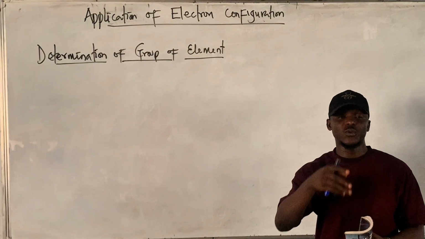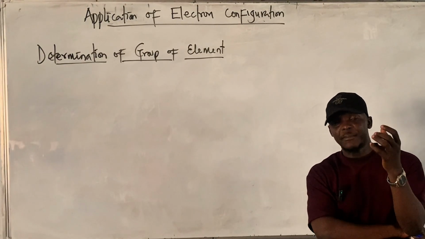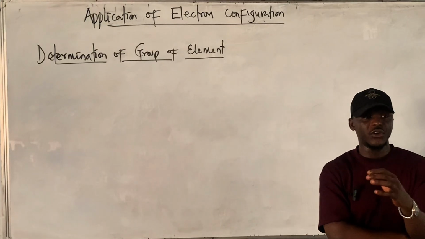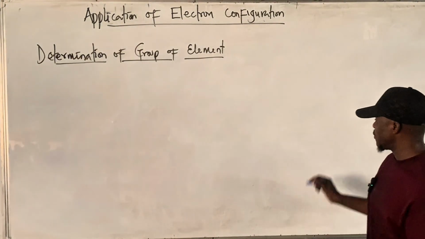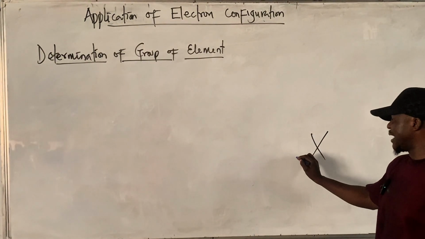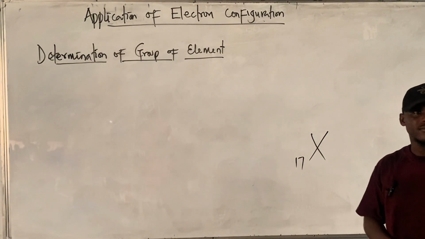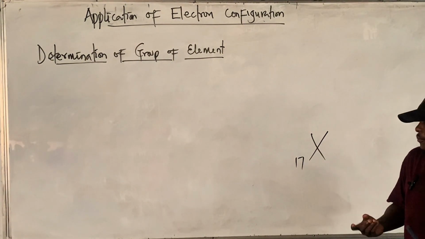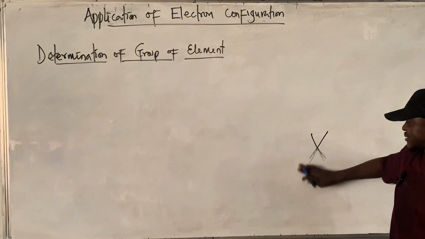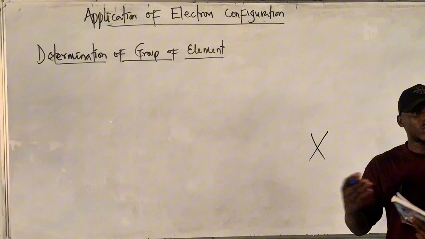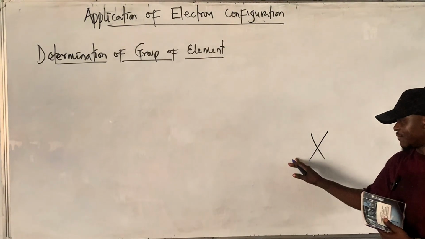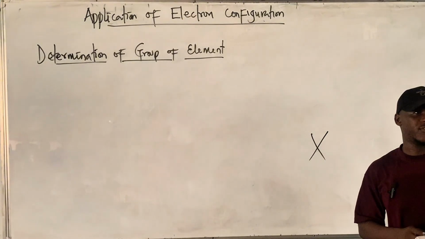if you go through your past questions, you see a case whereby they'll give you electronic configuration or they give you X. They can give you something like this. They just give you the atomic number like 17. Or they can give you something higher than the first 20 elements, because if they give you 17, you know that 17 is chlorine.